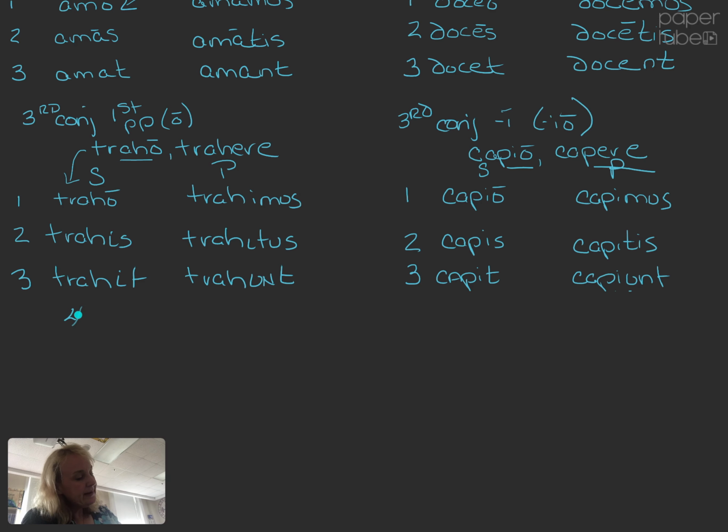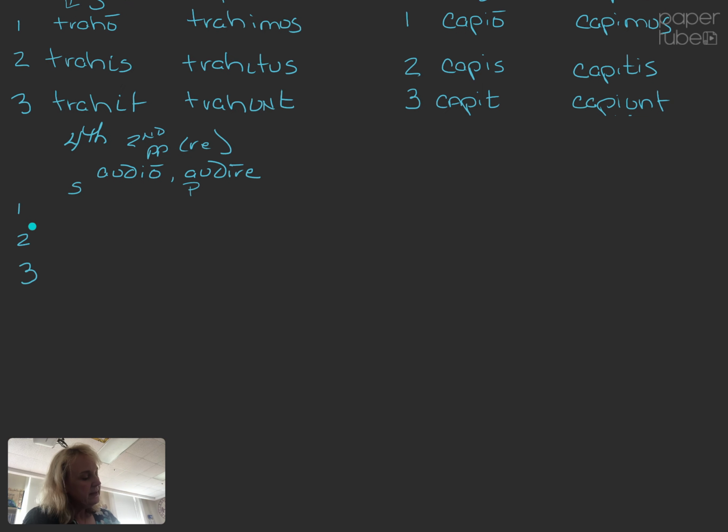Fourth, we're back to easier. We take our second principal part minus the RE for most of our base. The example we're going to use is audio, audire. I've got singular, plural, first, second, third.